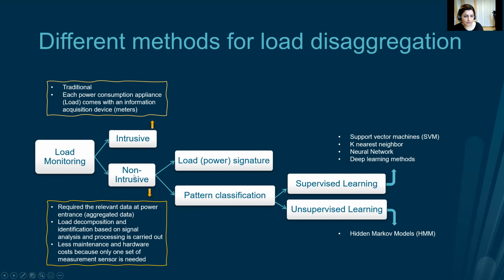To do non-intrusive load monitoring, there are two main methods. One of them is load signature, and the other one is pattern classification. In the load signature method, we use the active and reactive power, and by using their difference, we can say how much energy each appliance used.